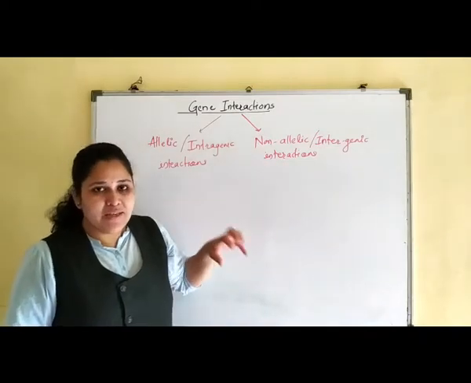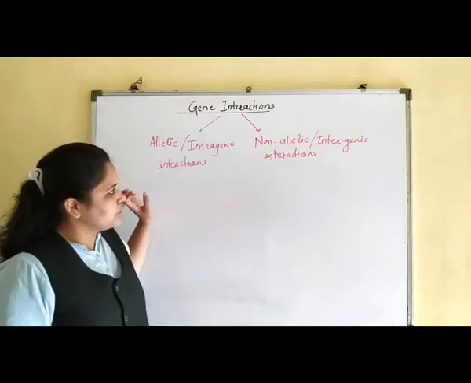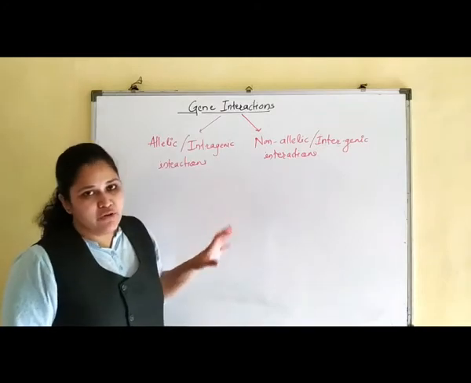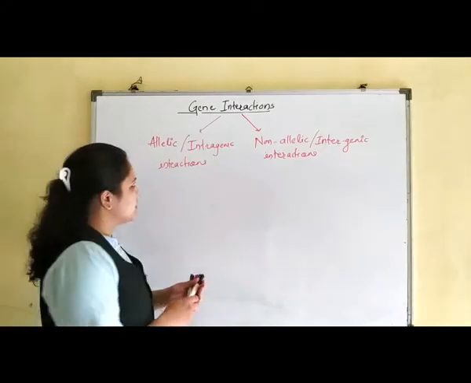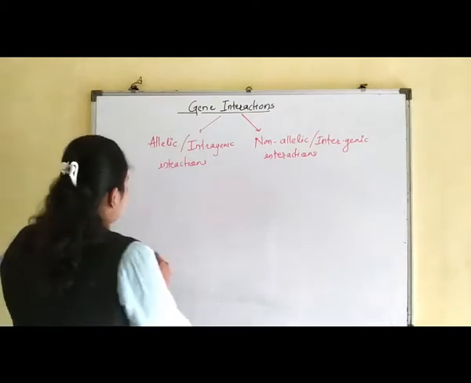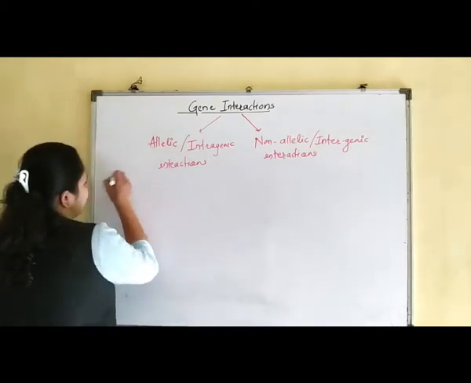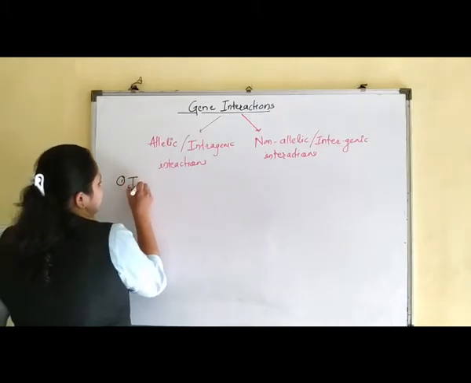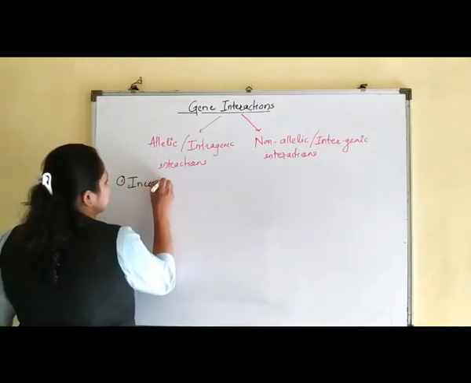There are some phenomena we are going to study under these two headings. Examples of allelic or intragenic interactions include, first, incomplete dominance.